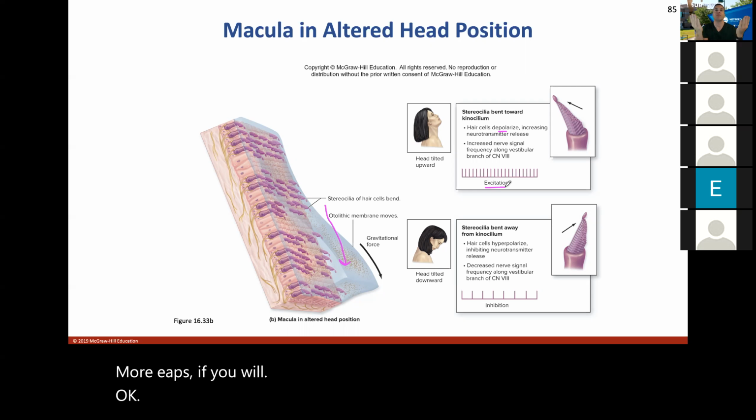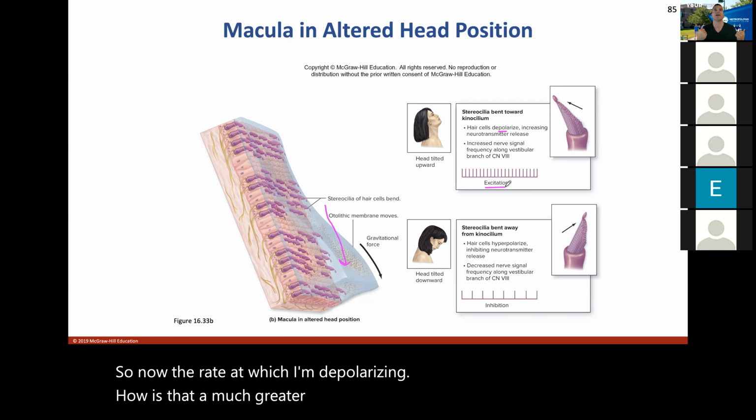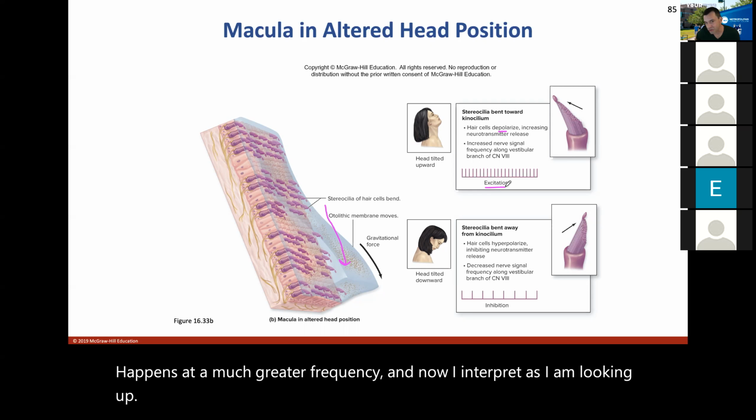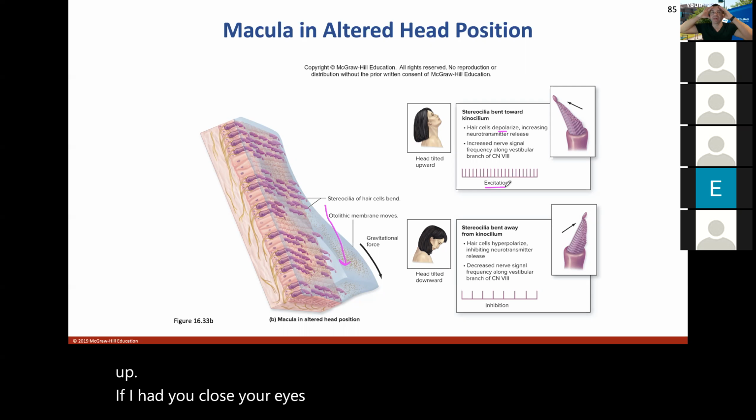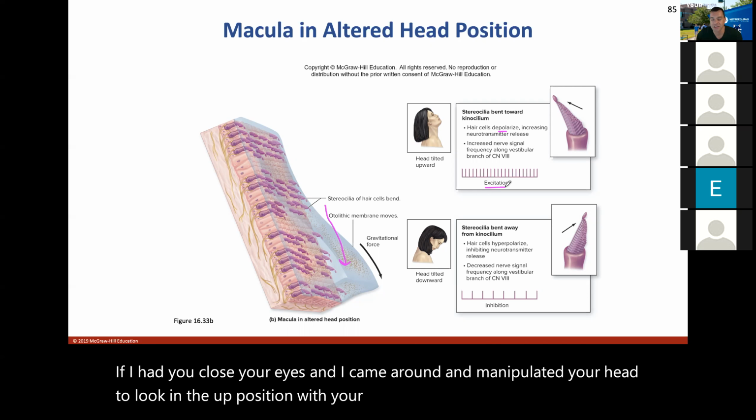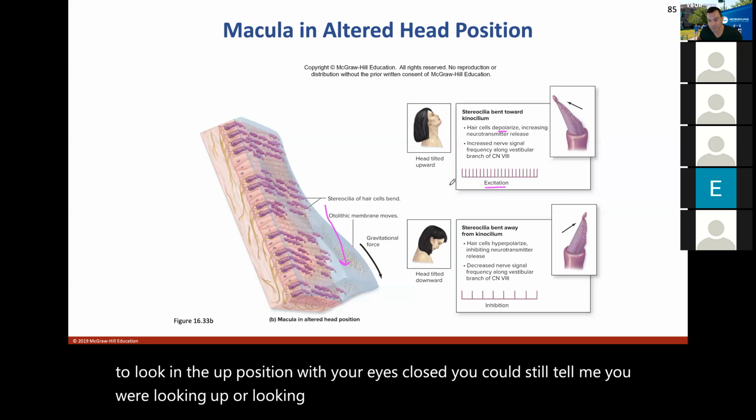So now the rate at which I'm depolarizing happens at a much greater frequency. And now I interpret that as I am looking up. If I had you close your eyes and I came around and manipulated your head to look in the up position with your eyes closed, you could still tell me you were looking up or looking down because of how this thing works.